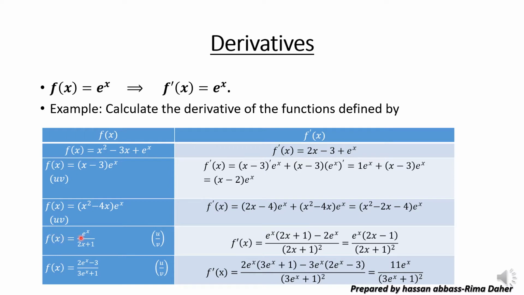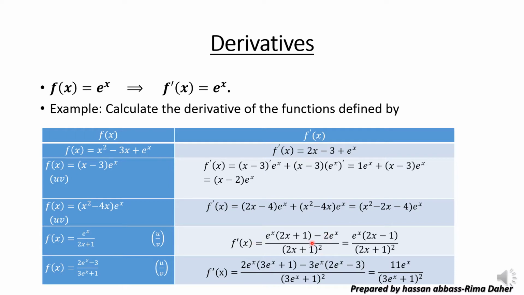If f of x equal e^x over 2x plus 1, this function is in the form of u over v, where u equal exponential x and v equal 2x plus 1, then f prime of x is in the form of u prime v minus v prime u over v squared, where u prime is e^x, the derivative of e^x, and v prime equal the derivative of 2x plus 1.